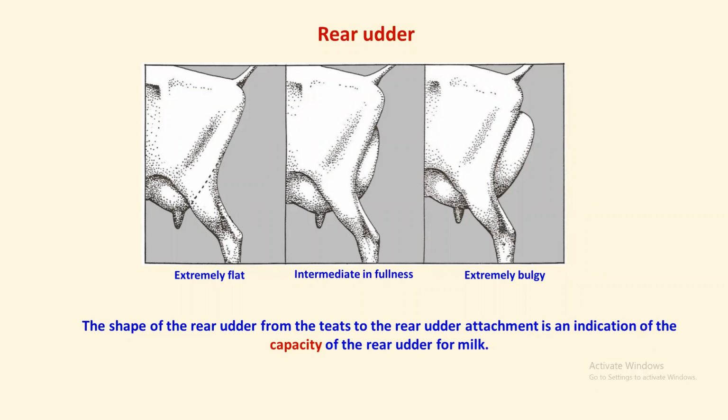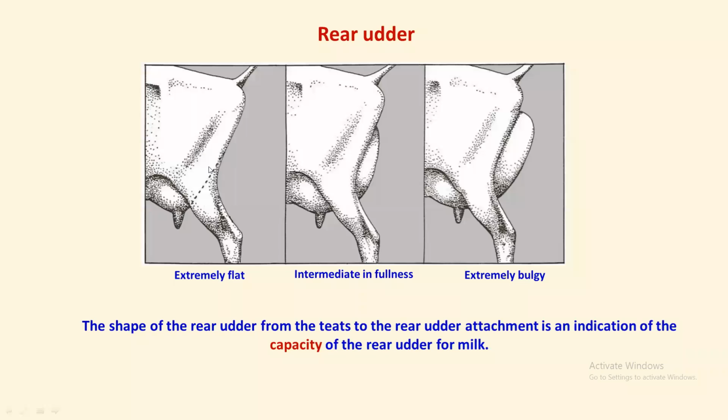You see the rear udder. The shape of the rear udder from the teats to the rear udder attachment is an indication of the capacity of the rear udder for milk. In the first picture, you cannot see the udder beyond the body of the animal.